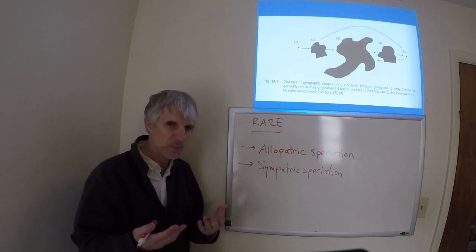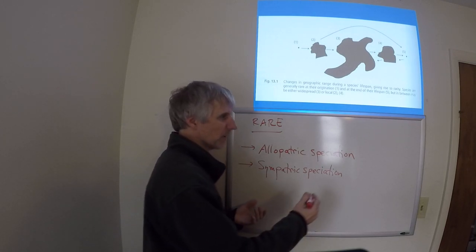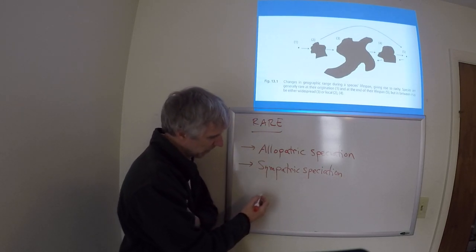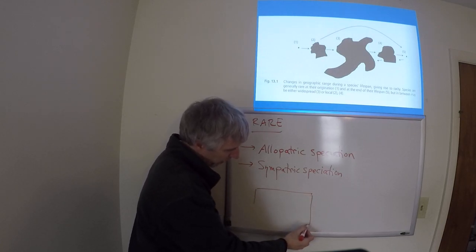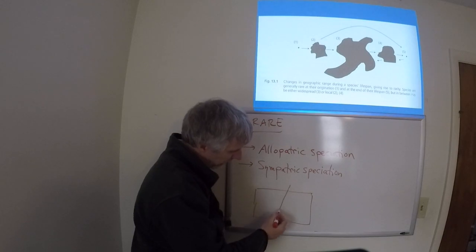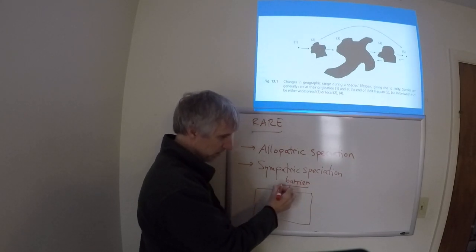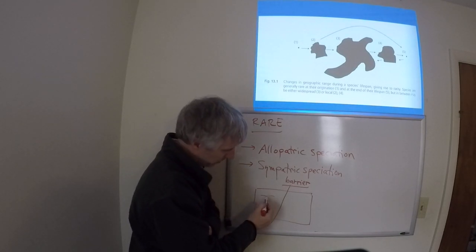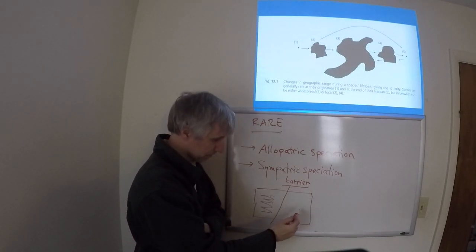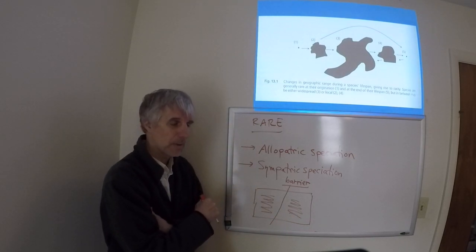Again, I know we've done this, but it was a while ago in EBE. So allopatric speciation typically involves taking a large population of individuals here and somehow imposing some sort of a barrier that prevents individuals on this side of the barrier from interbreeding with individuals on that side of the barrier.